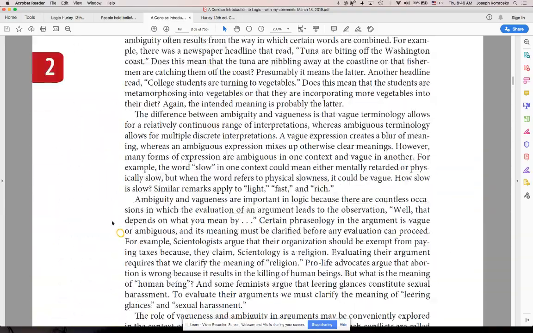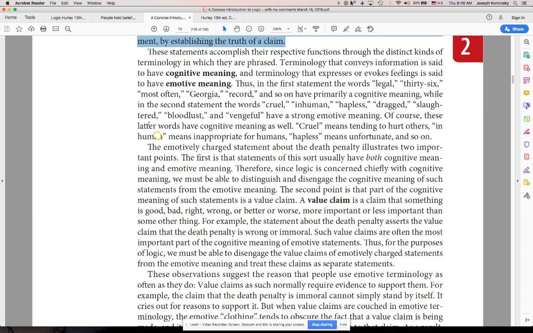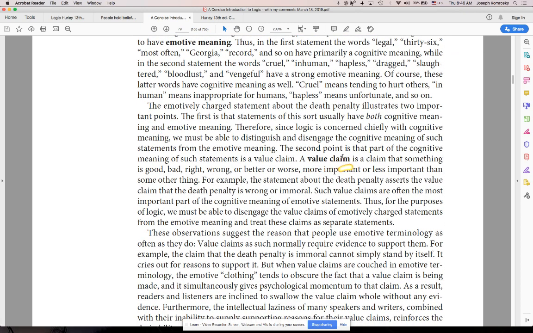And what Hurley says in the beginning is that usually when people are using emotive meaning, they're trying to steer you into a certain value claim. They want you to believe that something's good, bad, wrong, or right. Now, there's a couple different ways of going that route. One is to give you factual information and let you decide for yourself whether that seems good, bad, right, or wrong.